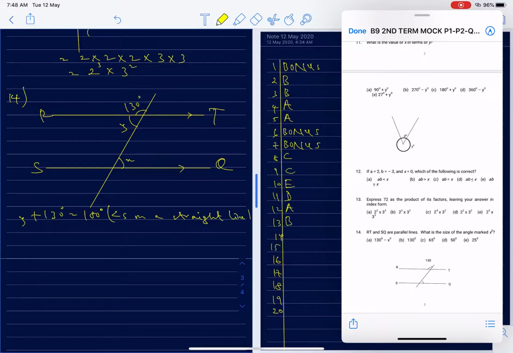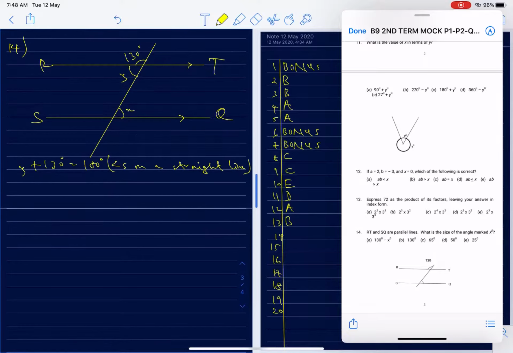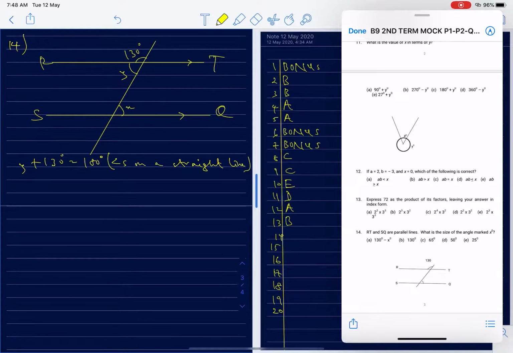Y plus 130 degrees equals 180 degrees, and the reason is because they are angles on a straight line. That means Y is equal to 180 minus 130, and that's 50 degrees. And I know that Y is equal to X.